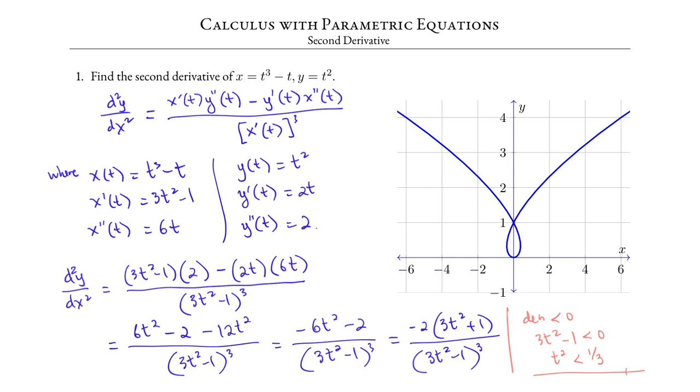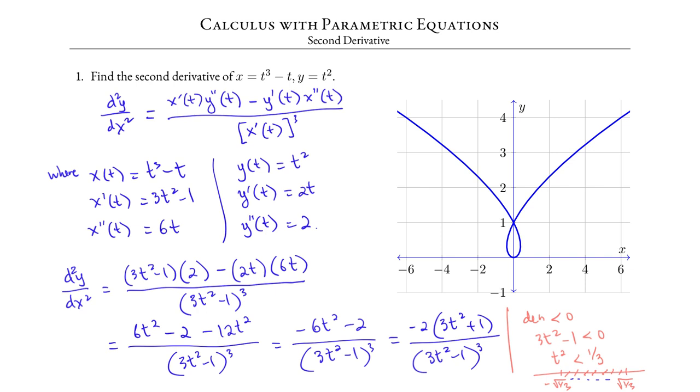This is only true for t values between negative the square root of 1/3 and positive the square root of 1/3. Since the denominator is negative for these values and the numerator is always negative, the second derivative is positive for t between negative square root of 1/3 and positive square root of 1/3.